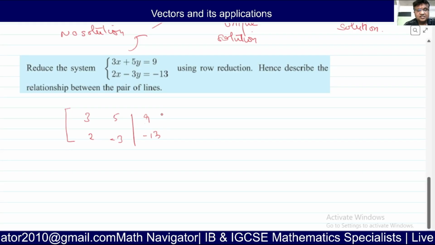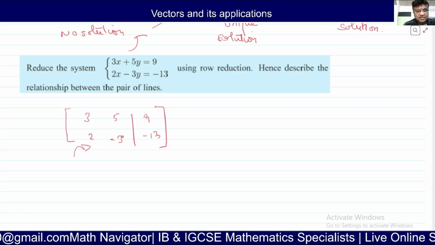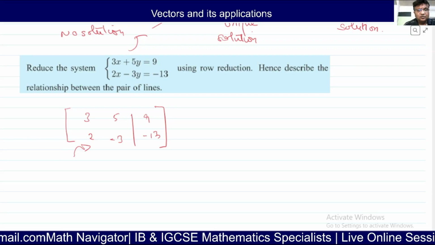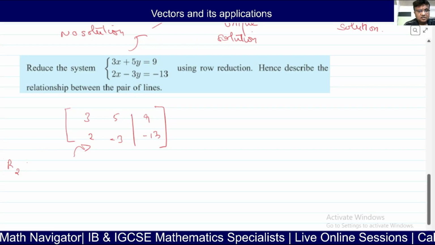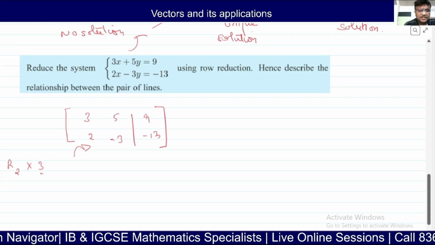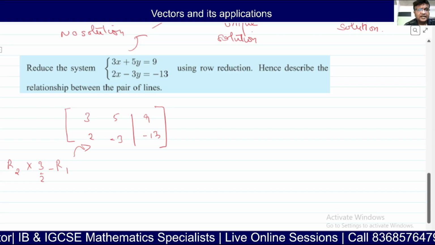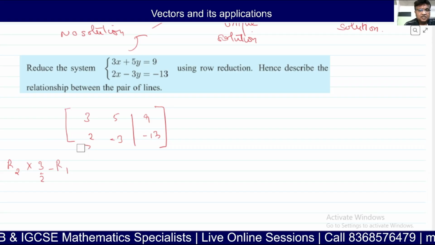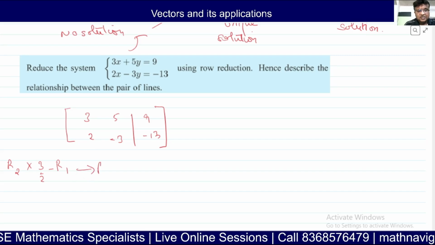As we have discussed in the video, we have to make this 0, right? How can I make it 0? R2 times 3 by 2 minus R1, right? That will replace R2.